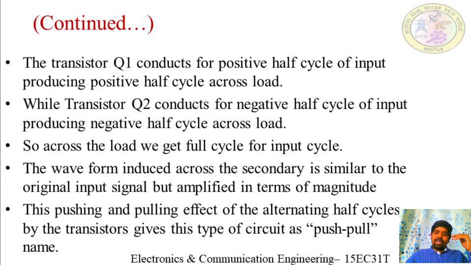Even though the class B amplifier conduction angle is 180 degree, still at the load, the complete input signal will appear. That is because we are using two transistors in the push-pull configuration. So this pushing and pulling effect of alternating half cycles by the transistors gives the name push-pull transistors.